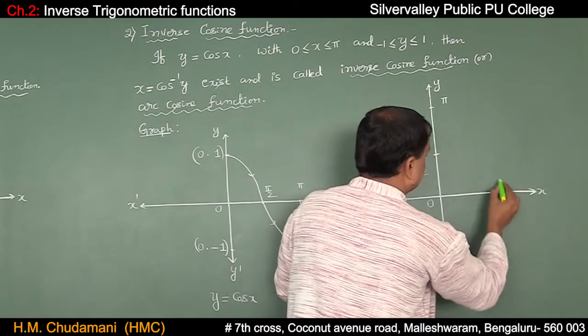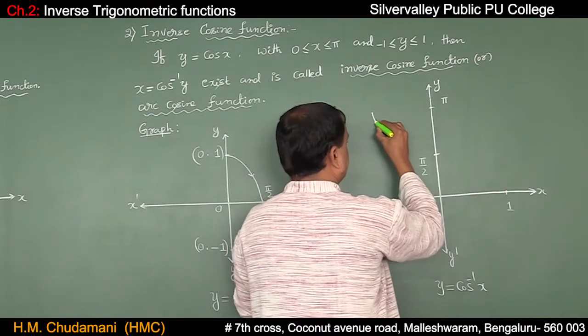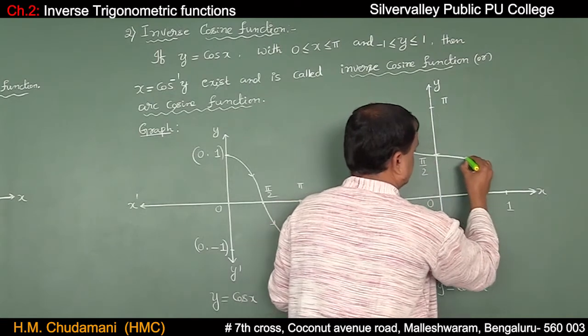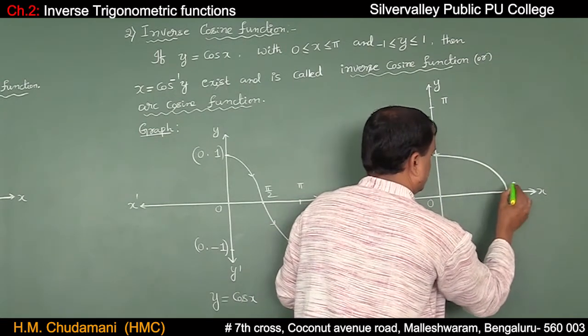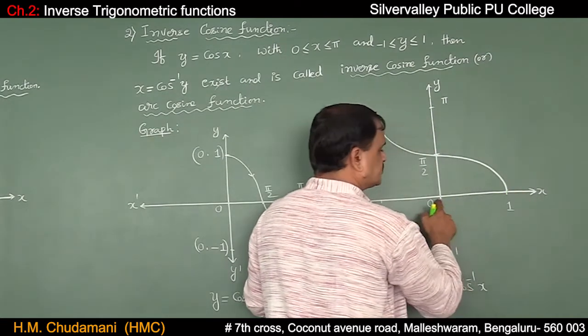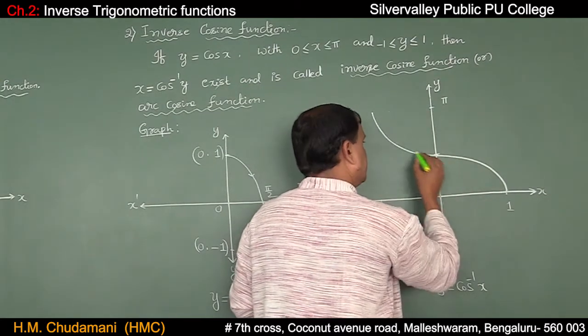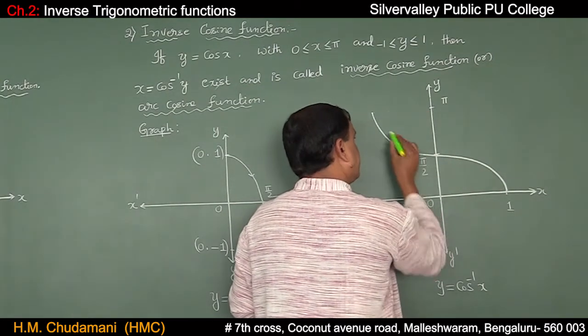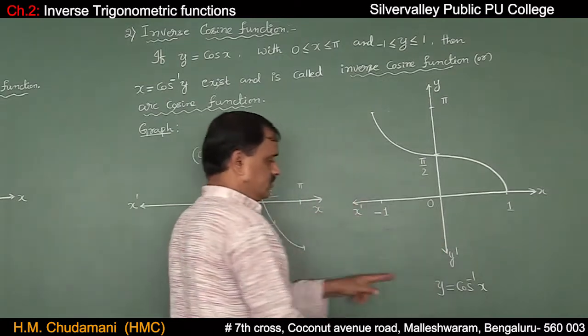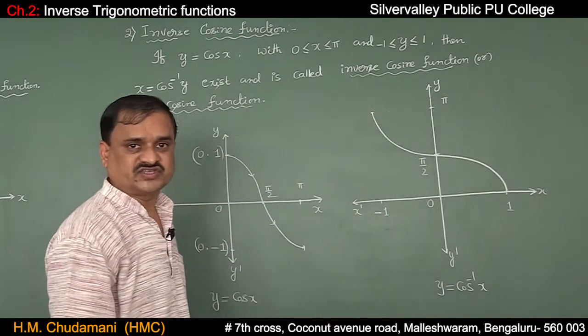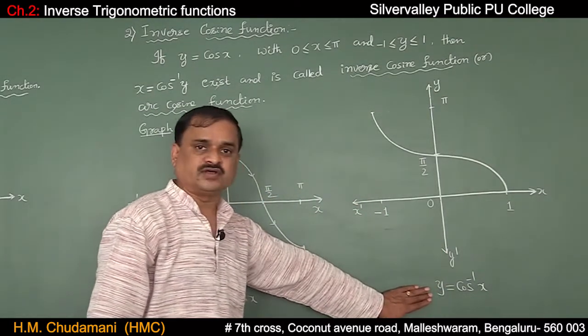The graph should be something like this. Cos 0, cos pi by 2 here, this one. Y is equal to cos inverse x, so the graph of cos inverse x.